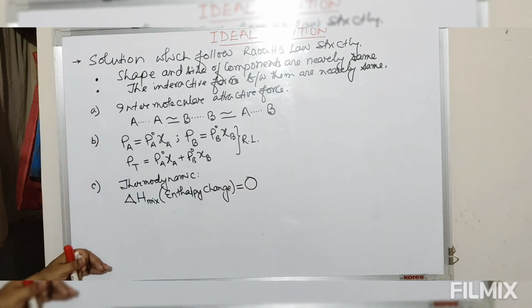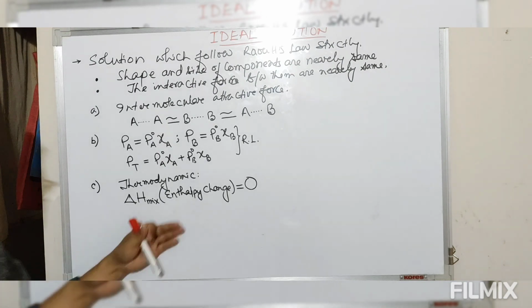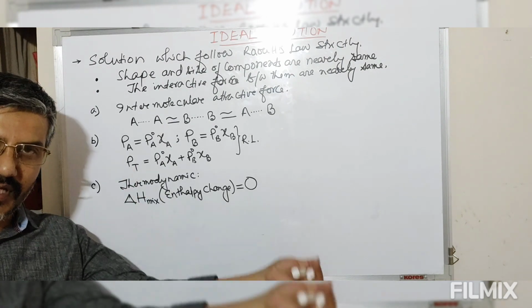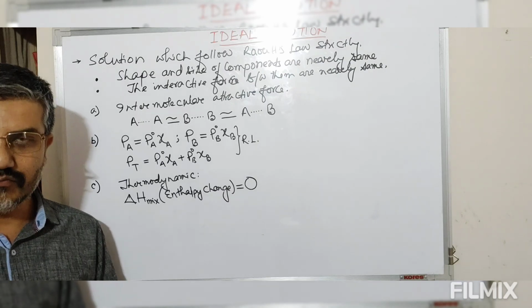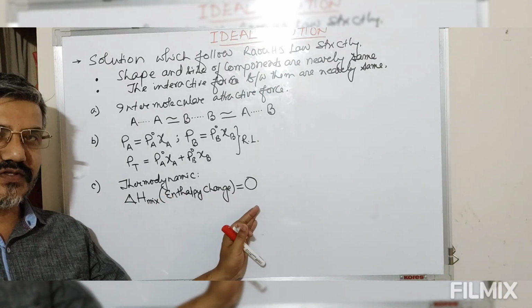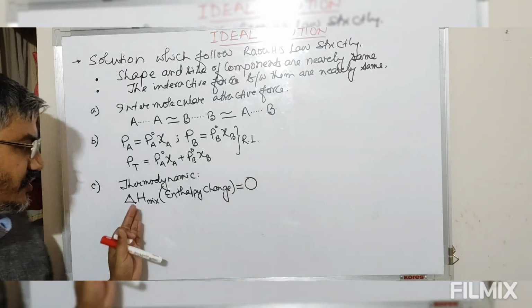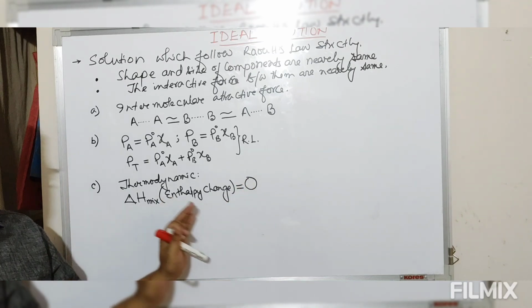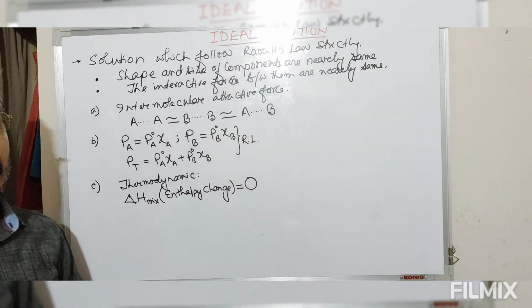That means enthalpy before the mixing and enthalpy after the mixing both are same. So if enthalpy before the mixing and enthalpy of the solution after mixing is same, then this change in enthalpy during the course of this solution formation is 0.